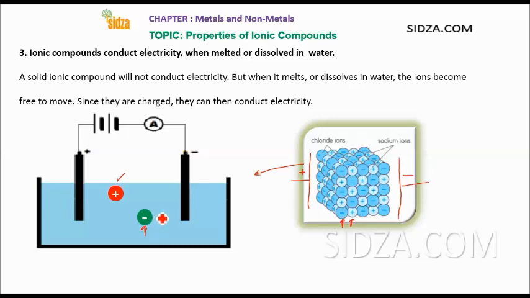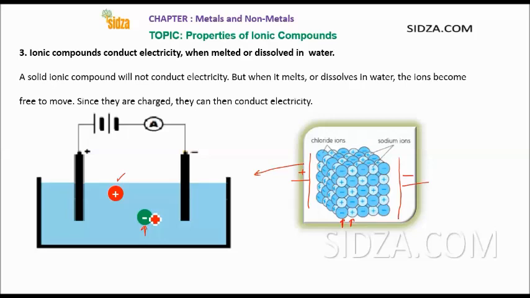Okay, so once you apply the potential difference in the aqueous solution of an ionic compound, the ions will start moving in opposite directions because ions are free. So therefore, we can conclude that ionic compounds conduct electricity when they are present in aqueous solution.